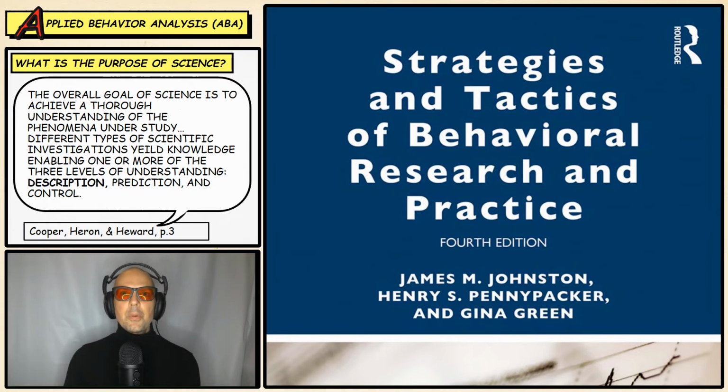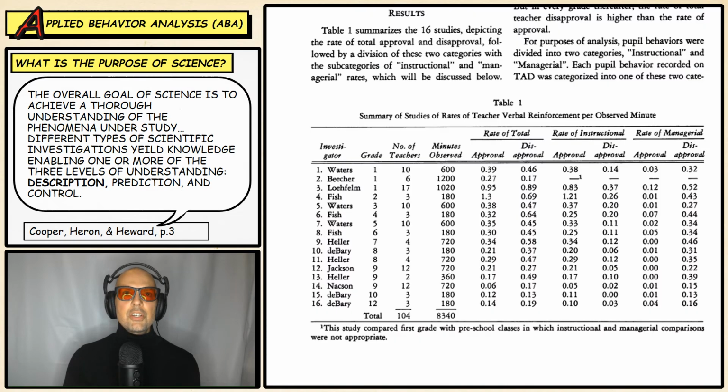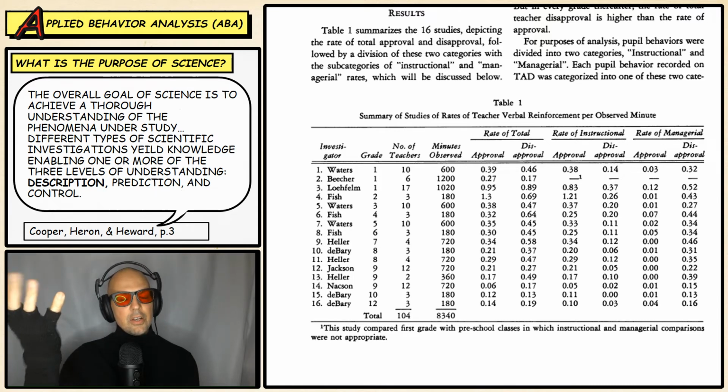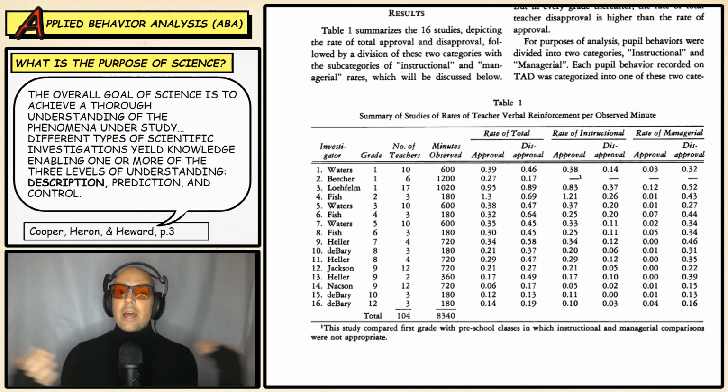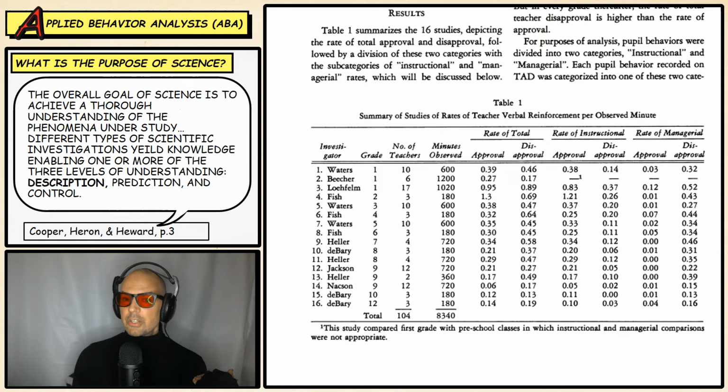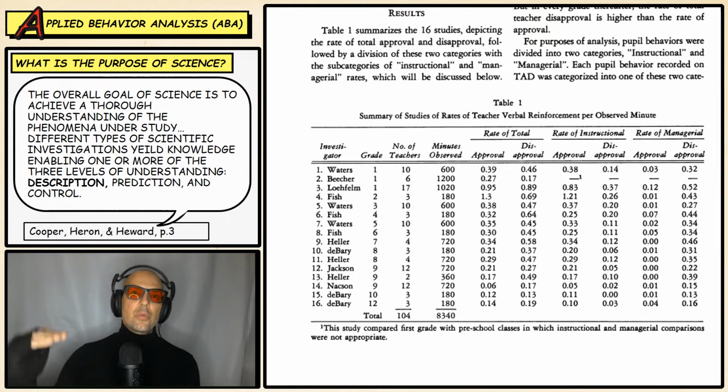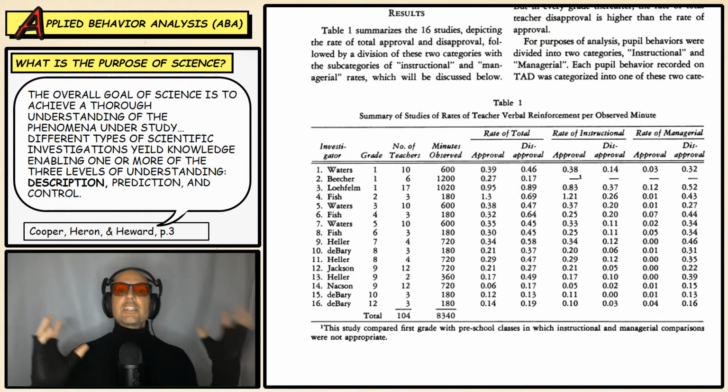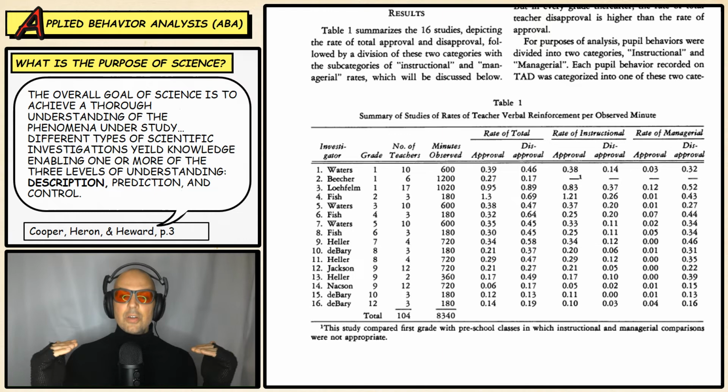So for example, in the previous study, we mentioned the teacher approval rates went down as grade level increased. Now, that leads to a possible functional relation. So it's possible that as grade level increases, the rates of teacher approval decrease, that the increase in grades actually causes the decrease in the amount of approval that teachers give out.